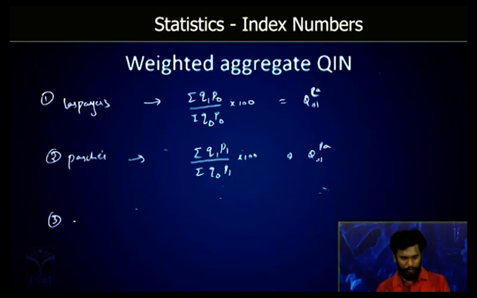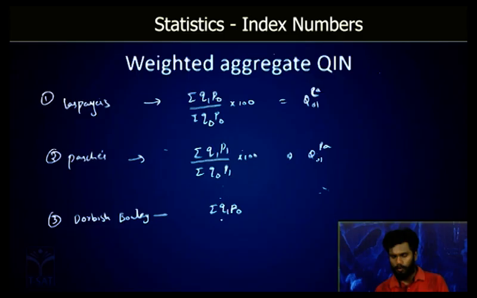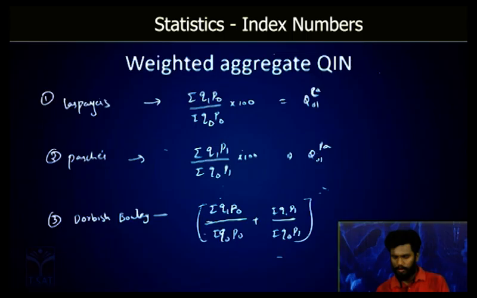Third one, Drobisch-Bowley, and the formula is given by the arithmetic mean of the first two, summation Q1 P0 by summation Q0 P0 plus summation Q1 P1 by summation Q0 P1, into half into 100, which is denoted by Q01 DB.